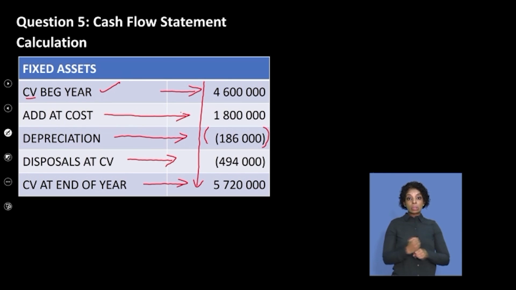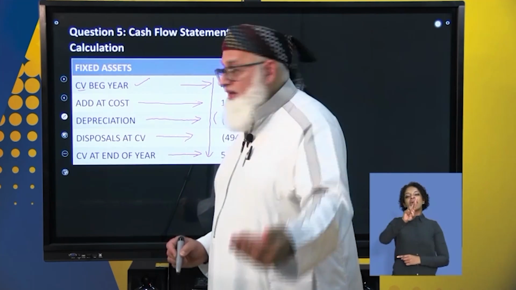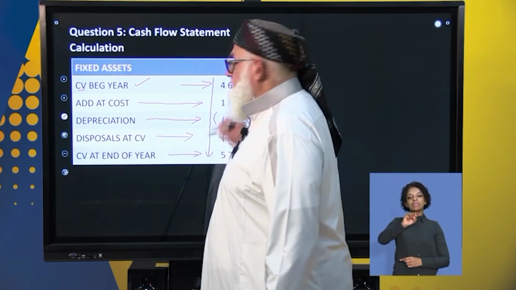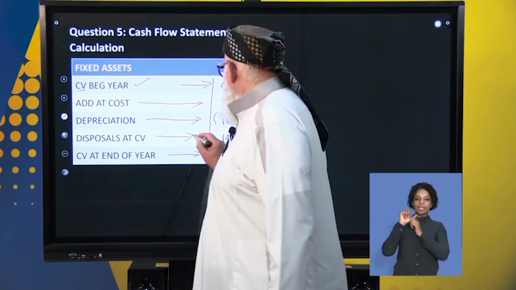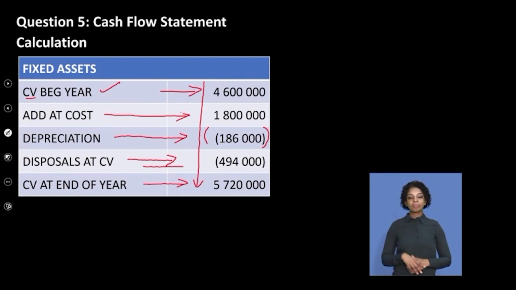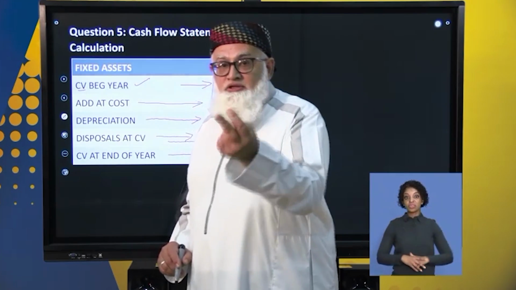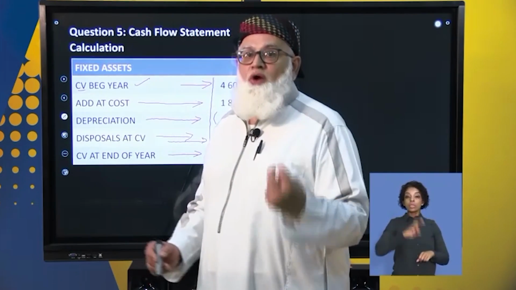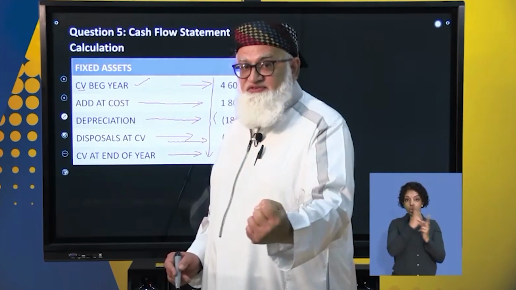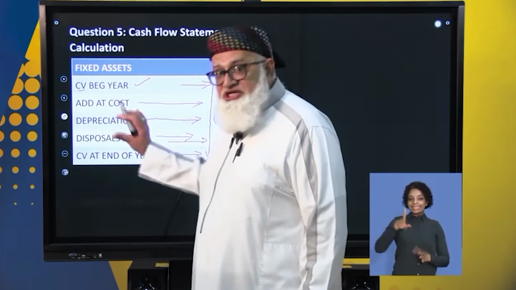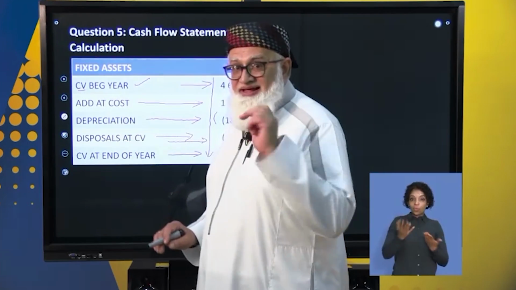But when you're working bottom up, it's reverse operation. Okay? And in that way, if you do your calculation correctly, you will find your disposals at carrying value to be 494,000. Right? Okay. Now that you've got that figure, because remember, you need those two components when you are doing your investing activities. So this is your calculation in order to determine that figure.